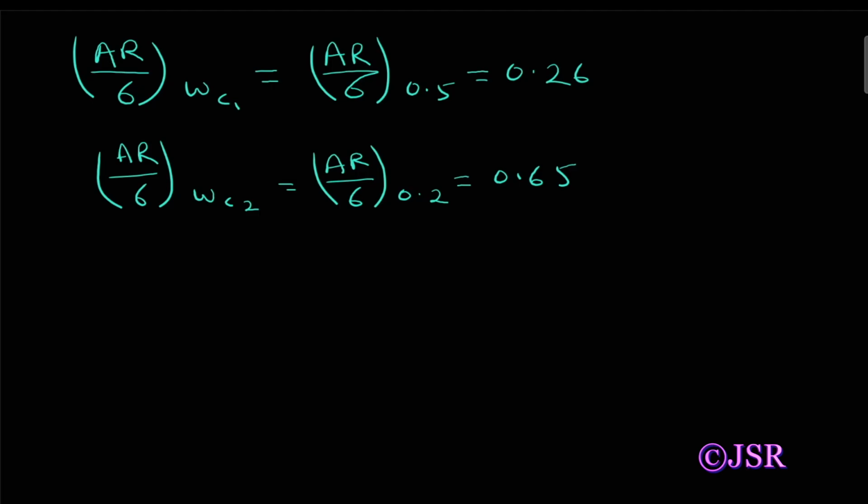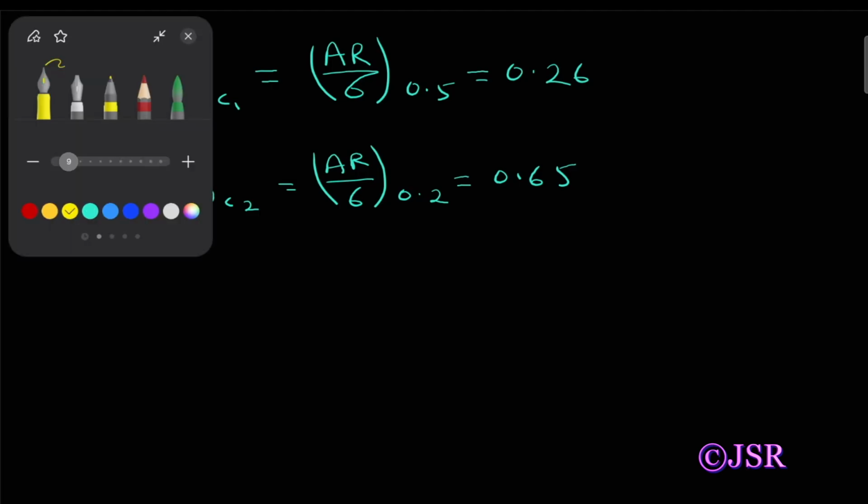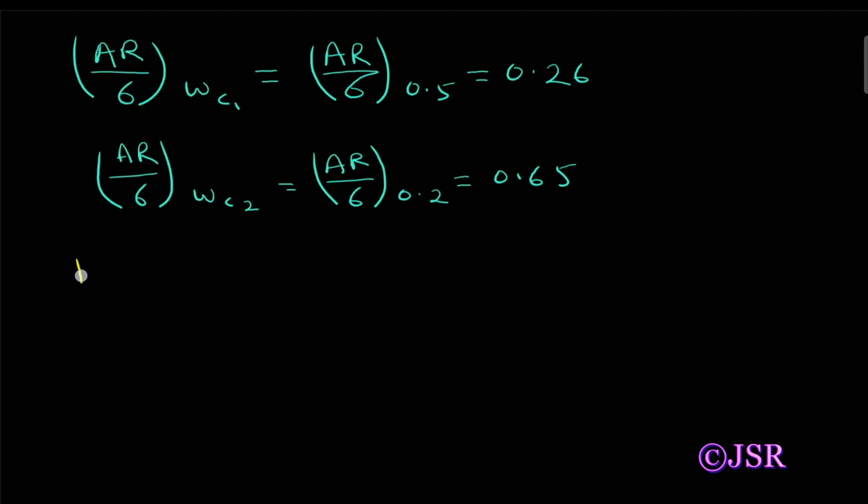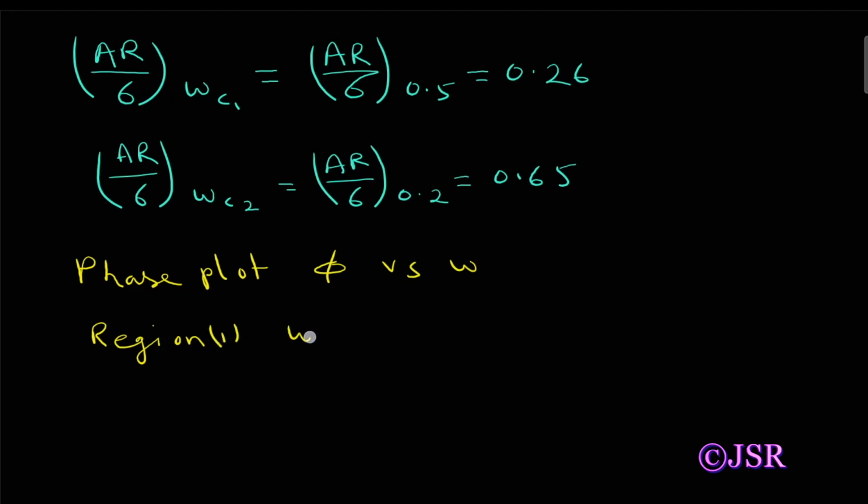So now continue with the phase plot. In the phase plot we have to plot phi versus omega, and here we will have 4 different regions. So region 1, when omega tends to 0.